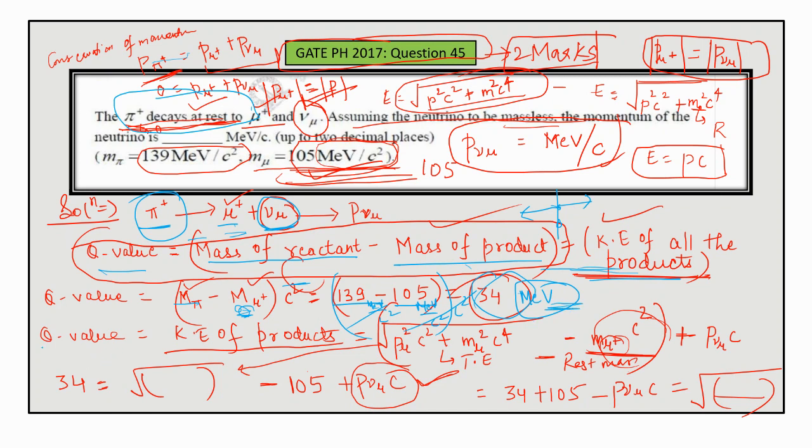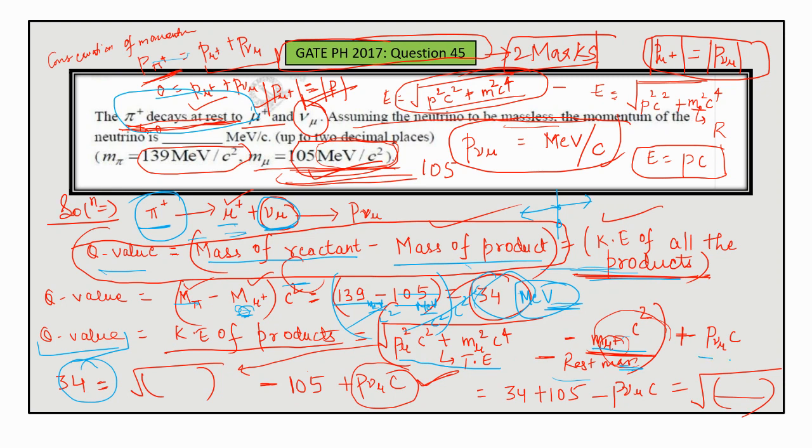Now I again use the concept of Q value. 34 is equal to the kinetic energy of the products. So the kinetic energy of the products will be for muon, and for muon neutrino you have to write the kinetic energy, and it is written here.